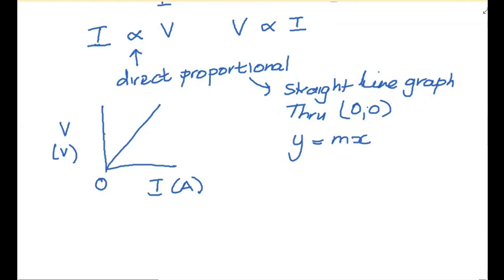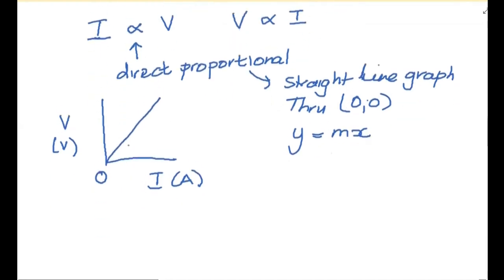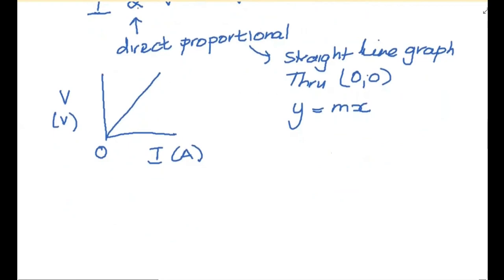So if I look at this V and this I, and I look at finding the gradient of this line, remember we're now doing a little bit of maths: gradient is y2 minus y1 over x2 minus x1.